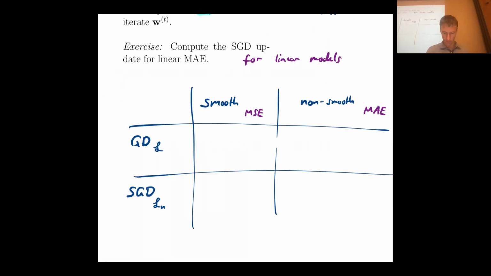And then what are the objects I use? Here I use the gradient. Now, if you're non-smooth, then you can still look at the whole function, and then you use the subgradient. Again, this is the set of subgradients, so you pick one of them and you use that.